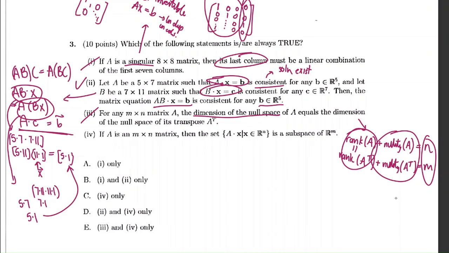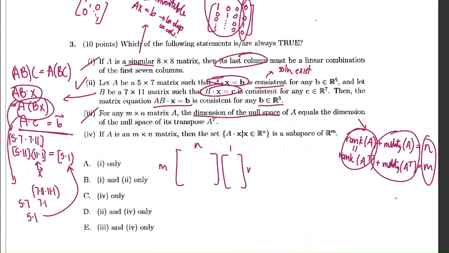Finally, we have the statement: if A is an m by n matrix, then the set AX is a subspace of R to the m. In this case, this probably does make sense. If you have this m by n matrix, then you want some x, right?